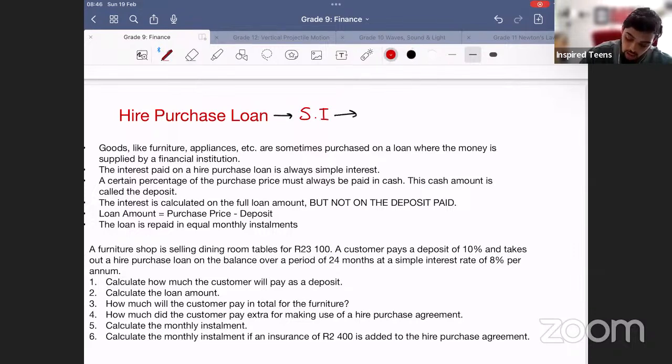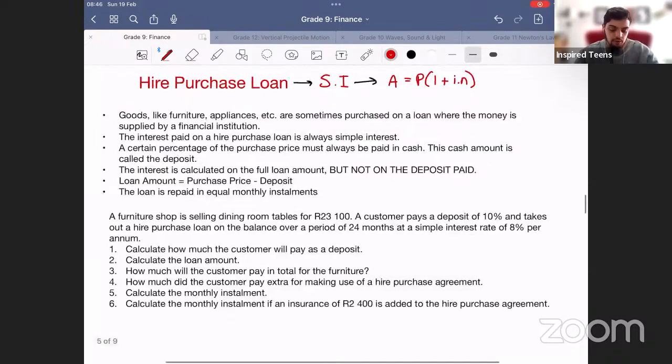The formula, which is A is equal to P into 1 plus I times N, or R times N. Again, same thing. Actually, let me just think. Never mind, it doesn't differ because you're adding interest to a loan: 1 plus I times N. Okay, simple interest.